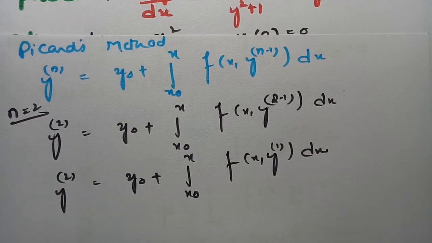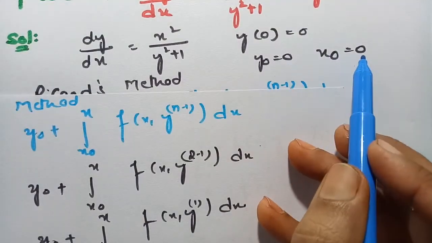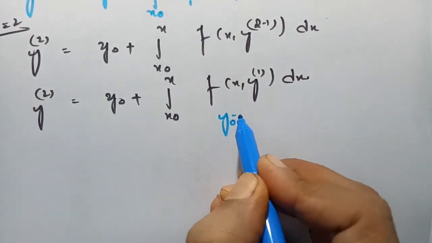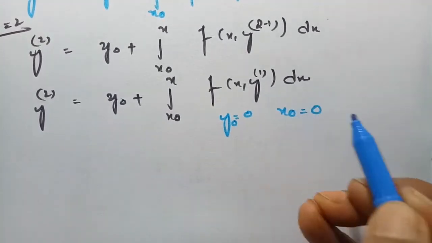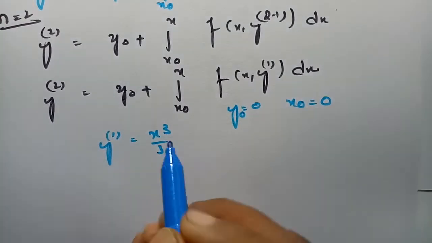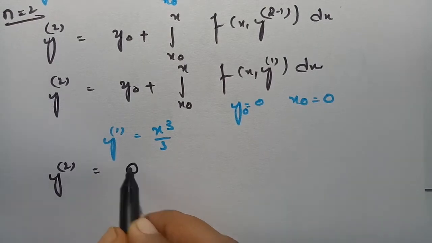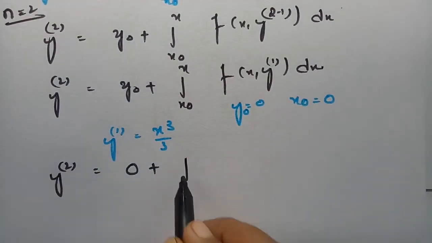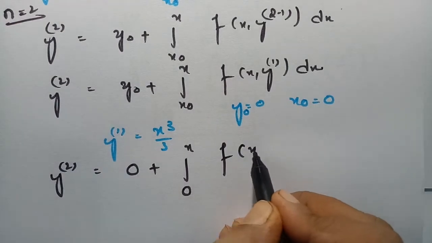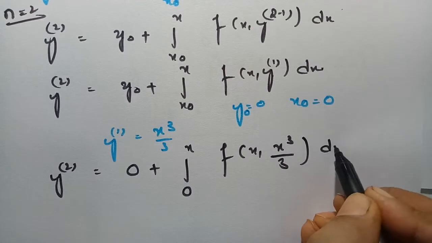So we have from the question certain values: y naught is equal to 0 and x naught is equal to 0, and the first approximated value is x cube by 3. If I substitute all these here, then the second approximated value of y is equal to y naught value 0 and x naught value 0, and f of x comma the first approximated value, x cube by 3, of dx.